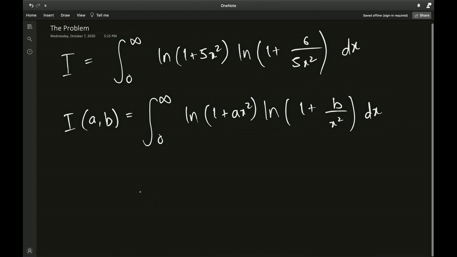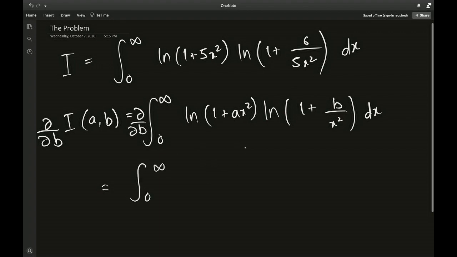Okay, I'm assuming by now you're just waiting for the solution because you hopefully tried this by yourself. So what I'm going to do is differentiate both sides with respect to b, and it's a partial derivative because I is a multivariable function now of a and b. When I do that, this natural log will be unchanged.